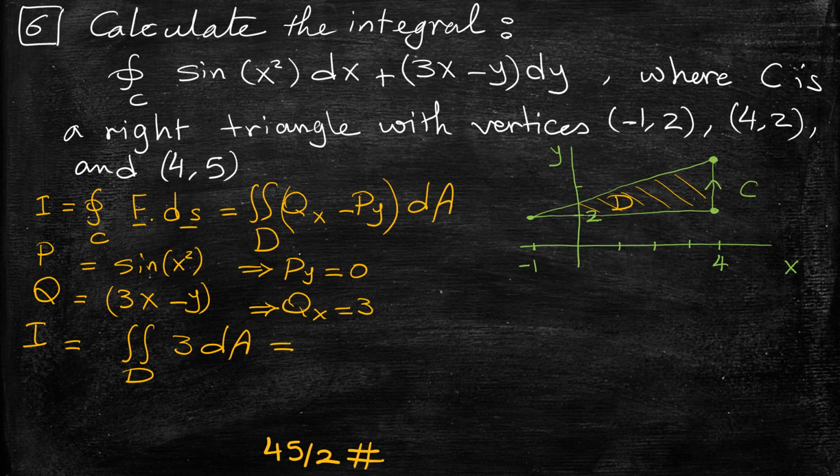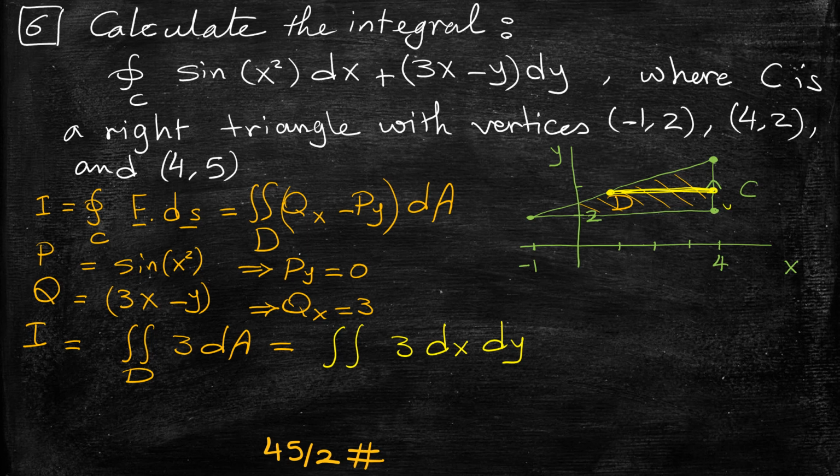Regarding this integral, it doesn't matter what kind of strip we start with. So let's start with this horizontal strip here. So I can assume this 3, I'll start with dx and then dy. Dx here goes from this line to this line.